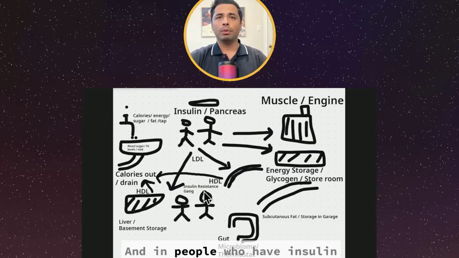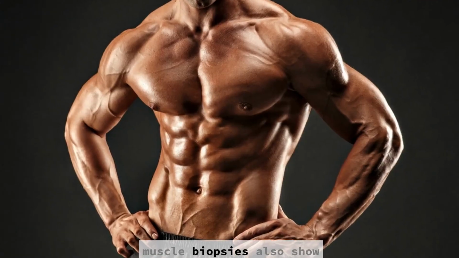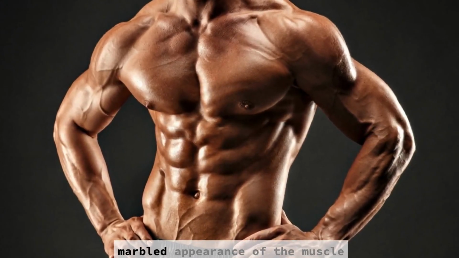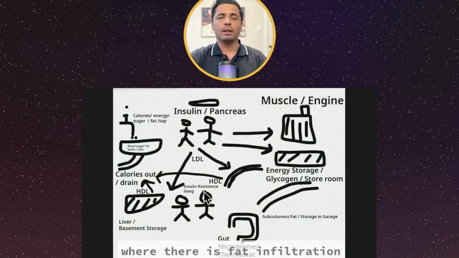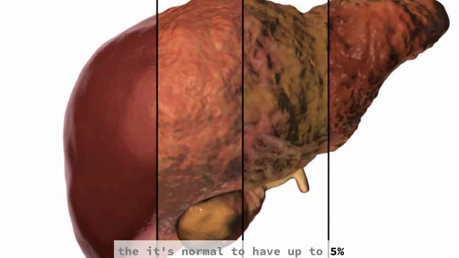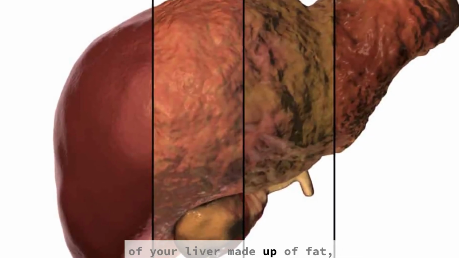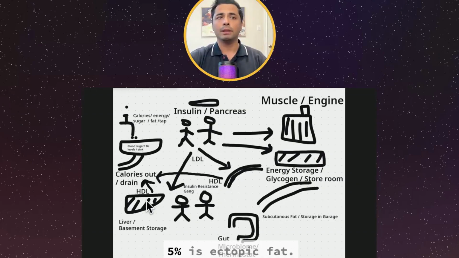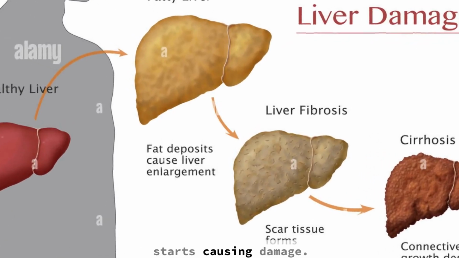And in people who have insulin resistance and metabolic disease, muscle biopsies also show marbled appearance of the muscle where there is fat infiltration into the muscles. This is all called ectopic fat, which means fat which shouldn't be there. For the liver, for example, it's normal to have up to 5% of your liver made up of fat, but anything more than 5% is ectopic fat. Eventually that ectopic fat starts causing damage.